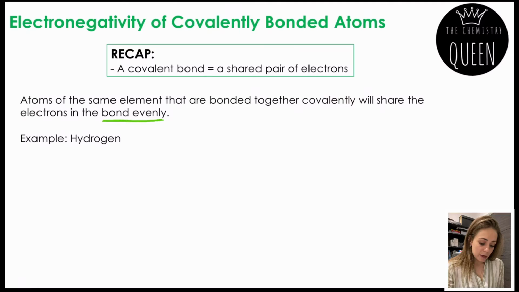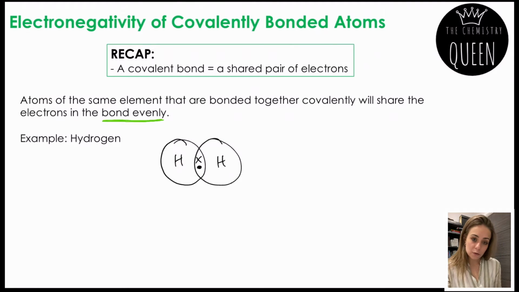Example we're going to look at first of all is hydrogen. So here's the dot and cross diagram of a hydrogen molecule. Got the shared pair of electrons in the overlap to represent the covalent bond. And here's a displayed formula of a hydrogen molecule. Now obviously we don't usually draw in the electrons in displayed formula.